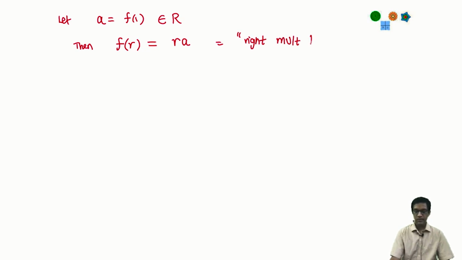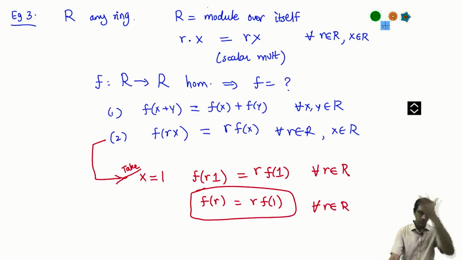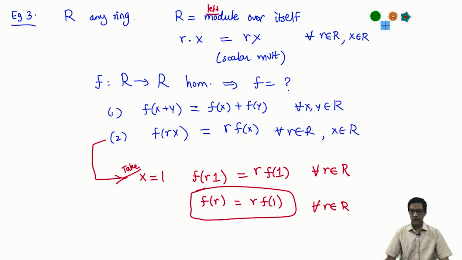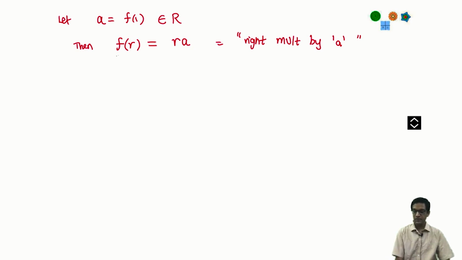So the beautiful thing here is that the homomorphisms from R to R, when you think of R as a left module over itself via this scalar multiplication, turn out to be right multiplication maps. It's all of this form where each element is multiplied on the right by some ring element.